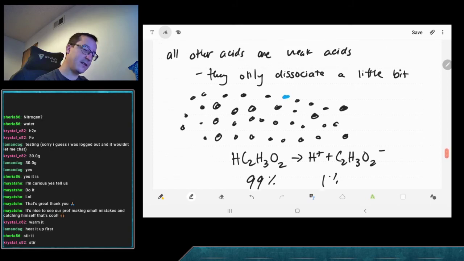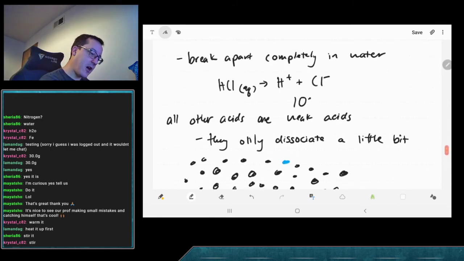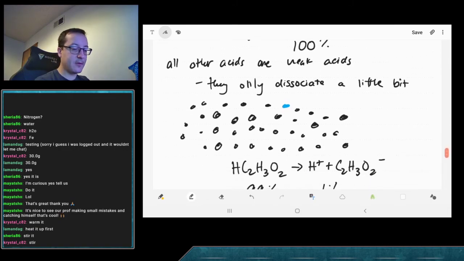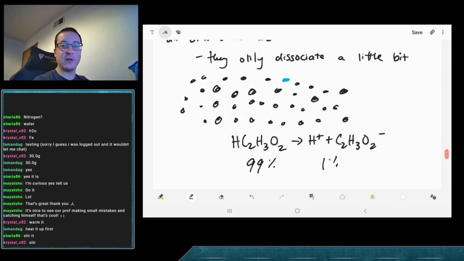So previously, we had 100% of the acid breaking apart. But for weak acids, we're going to see that they only break apart a little bit. Maybe one molecule will break apart out of 100. And it'll come together and another molecule will break apart. But by and large, if you were to snapshot what this is looking like, you're going to see most of it does not break apart. So it will dissolve, but it will not break apart.